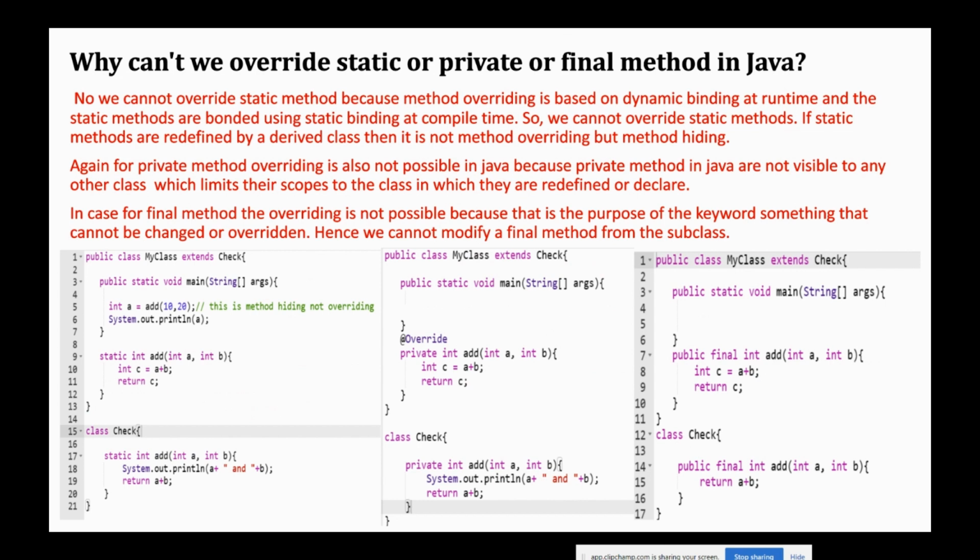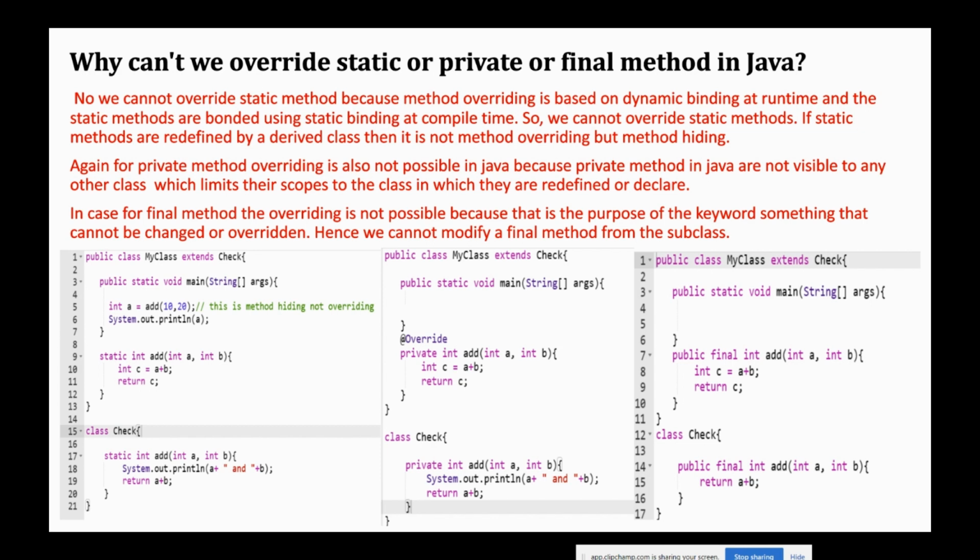The first one is the method hiding, which is related to static. The middle one is related to overriding, which is for the private. So when you declare some private methods, and the other, the third one, is for final.